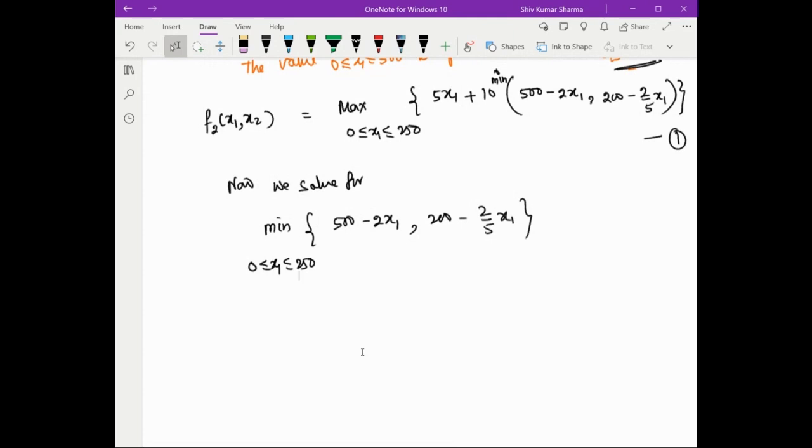So we try to find the minimum value. What is the minimum value?